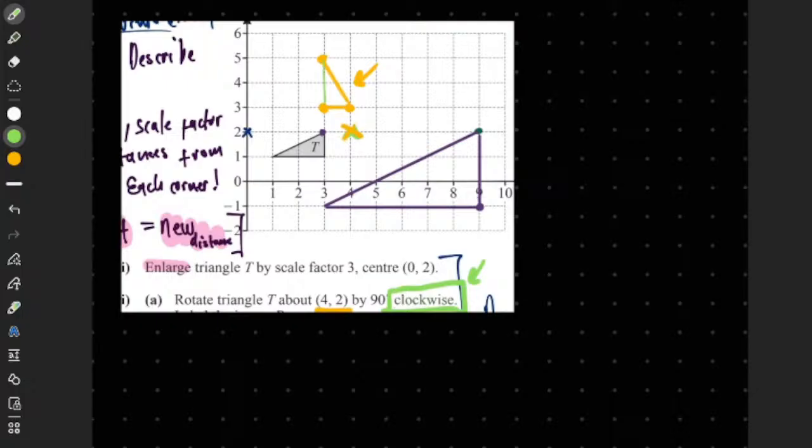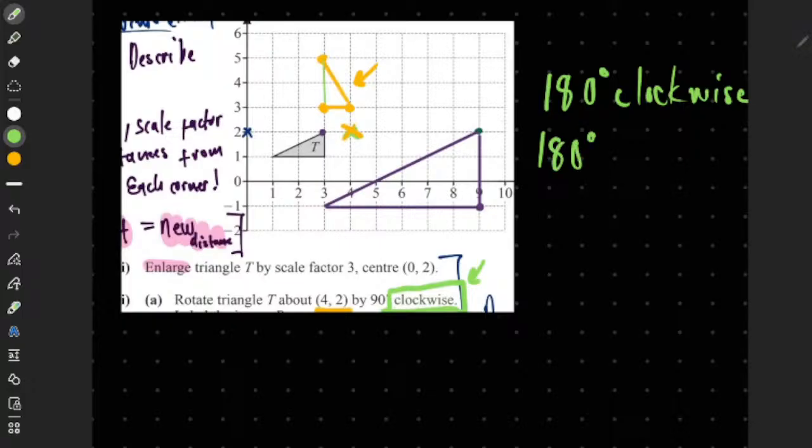Remember, I said last time 180 clockwise is also 180 anti-clockwise. So you can say 180 clockwise or you can say 180 anti-clockwise. For 180, you can choose whatever you want. Only for 180, you can say clockwise or anti-clockwise. It's exactly the same thing. Are we together?